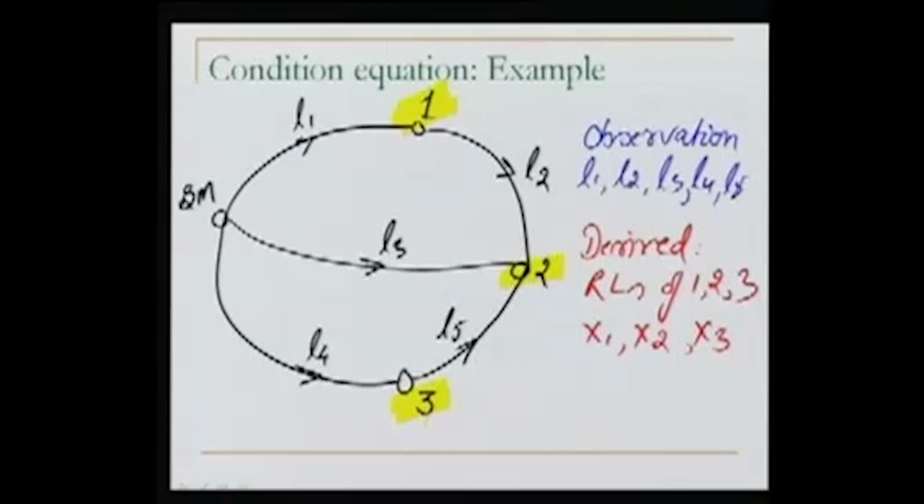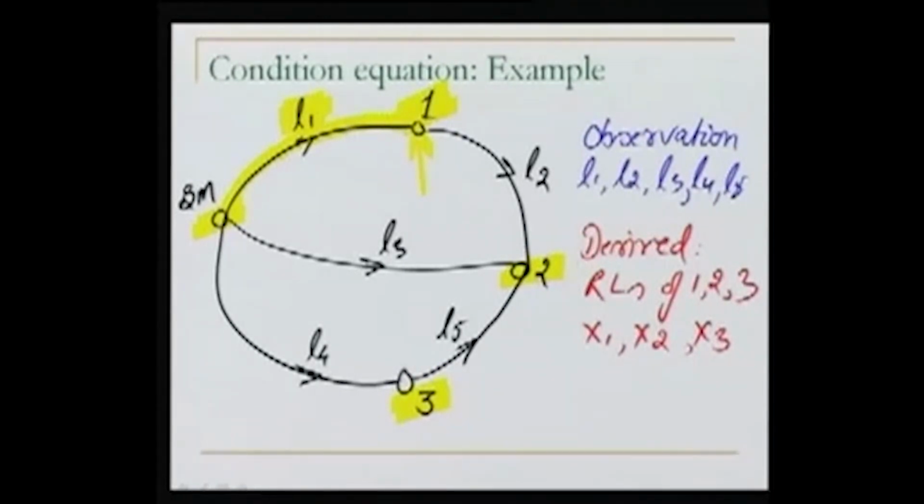So starting from the benchmark, which is known, I take an observation along this route, and the value of the difference in RLs is L1. So by that I can determine the RL of point 1. So this is a unique solution. We don't want it that way.